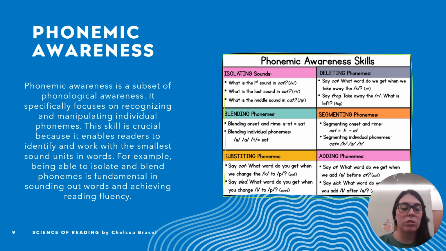So both of those skills, phonological awareness and phonemic awareness, are both very important, and they both play a crucial role in developing strong reading abilities, as they help learners understand the sound structure of language and its relationship to written words. So those concepts are both very important.